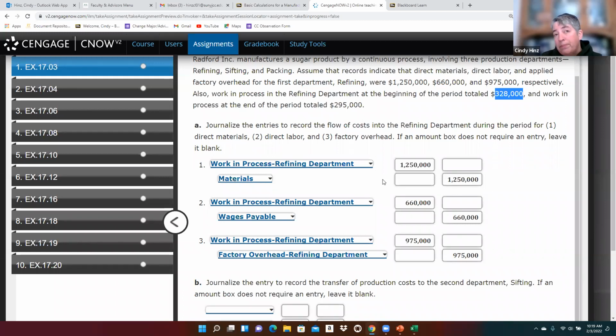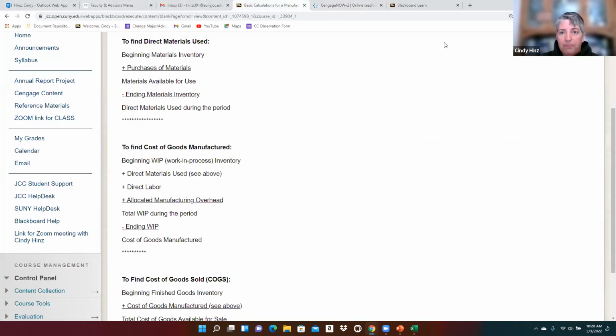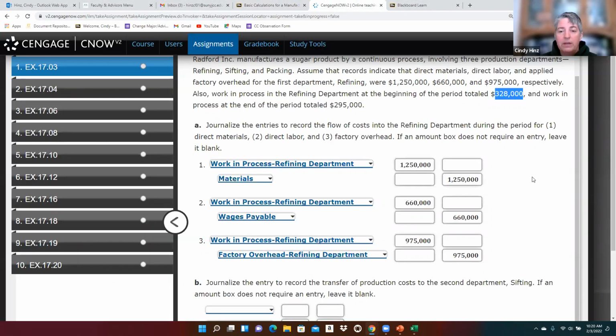Now you may find it more beneficial to draw this out in a T account, and certainly you're welcome to do that, or to use just the formula that's here, if that is more understandable for you. So we start with a beginning balance of $328,000. We add to that the three costs that were incurred during this month.